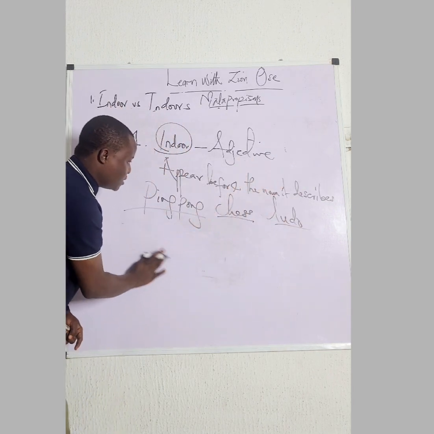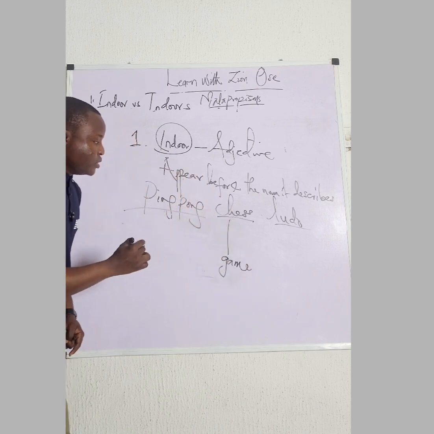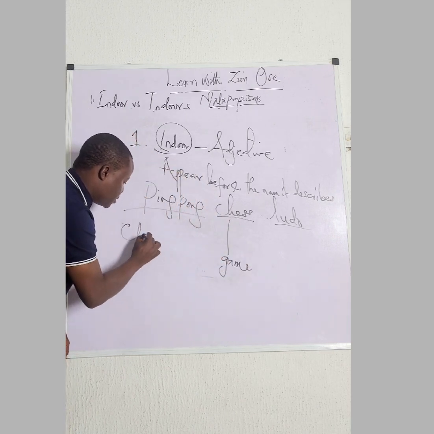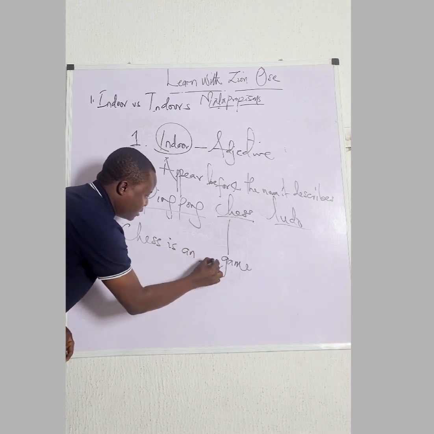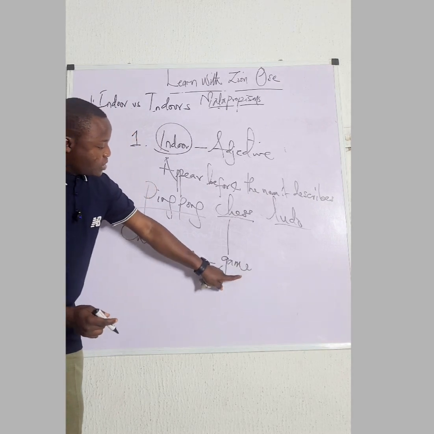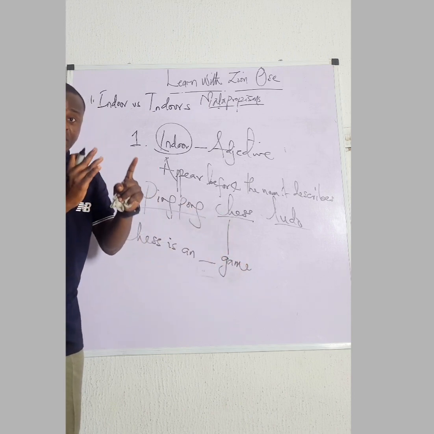Now, if I bring this here, chess is a game. So I say chess is an dash game. Now, observe that game here is a noun. It is a name for an activity, for an event.